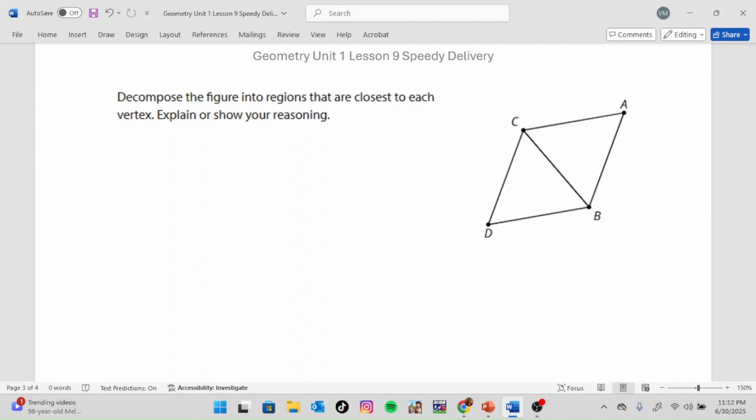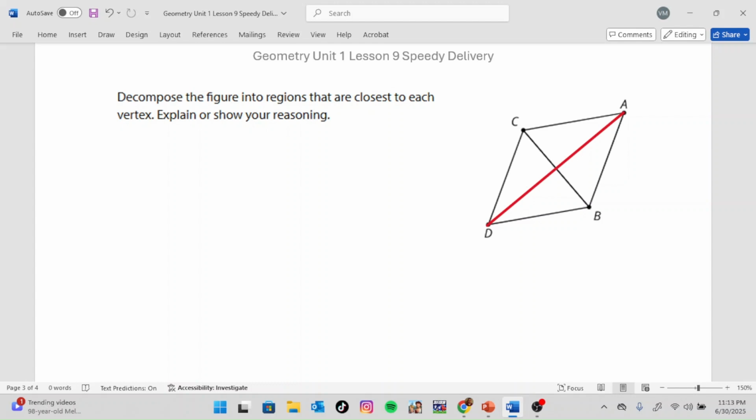If I want to know whether something is closer to C or B, then I can draw a perpendicular bisector going from A to D. And now anything above and to the left is closer to C. Anything down and to the right is closer to B. The line segment CB is actually dividing things between D and A.